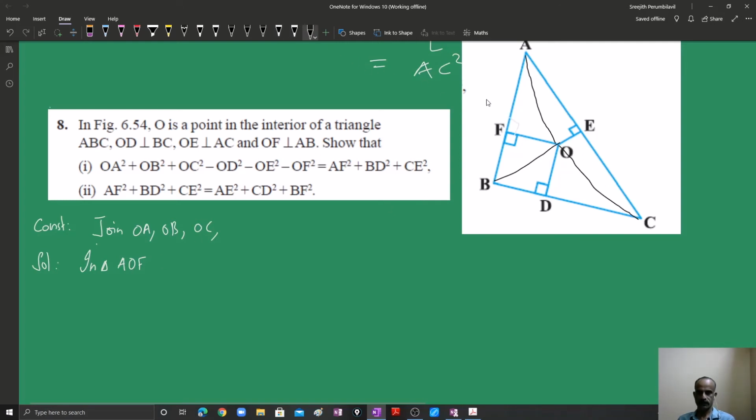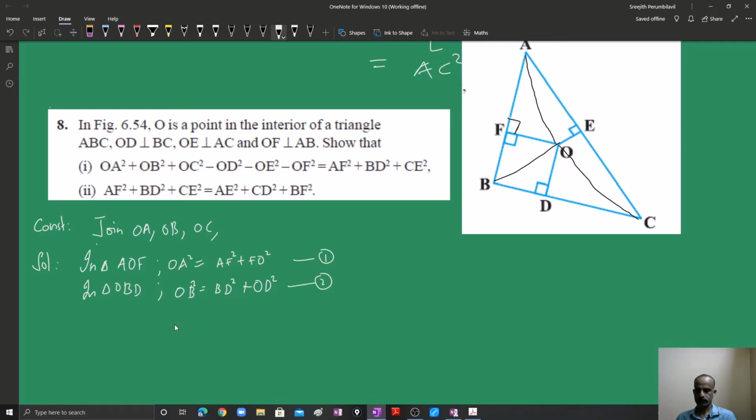So OA square is equal to AF square plus OF square. Now, in triangle OBD, which theorem is this? Pythagoras theorem. OB square is equal to BD square plus OD square, relation number 2.